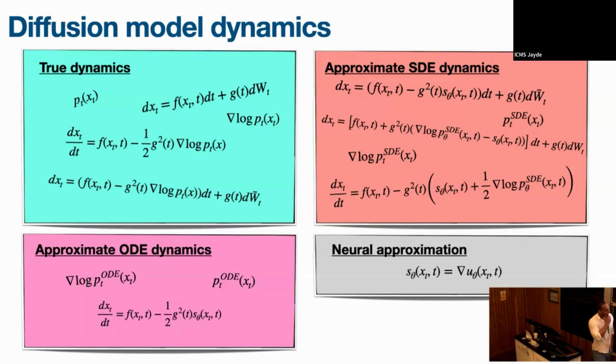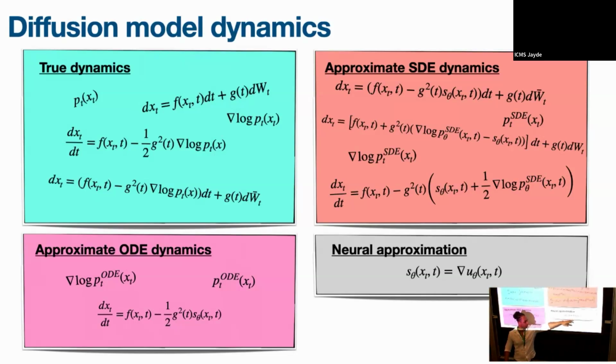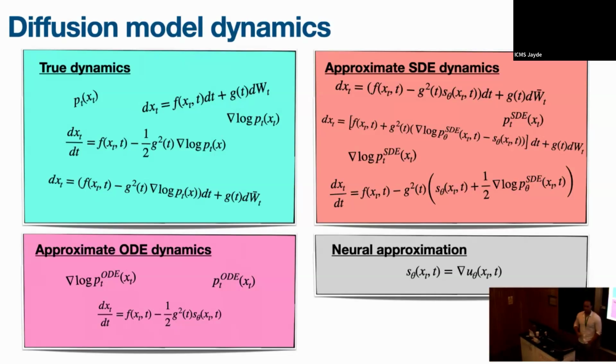You'll note here that I've put my score approximation as the gradient of some neural network U. So I think this is easier to follow if you think about U as an approximation to the potential model, and take the grad of that to be the score approximation. But it works in general, by the way.